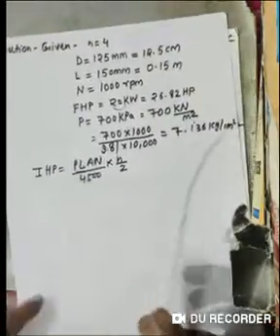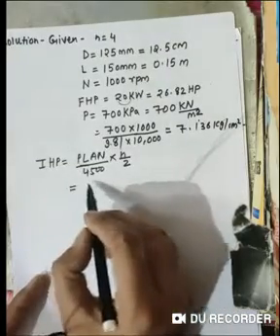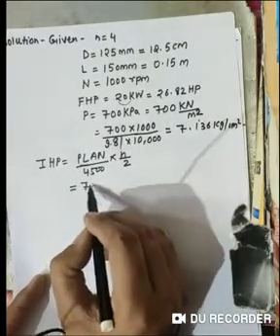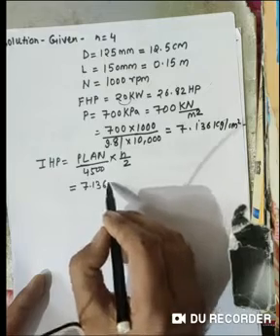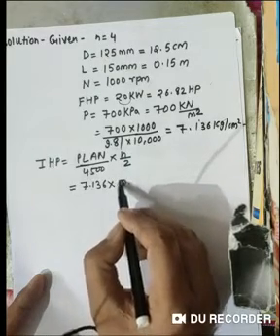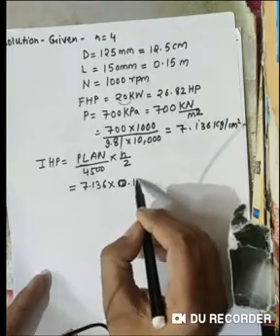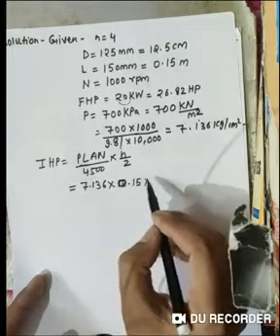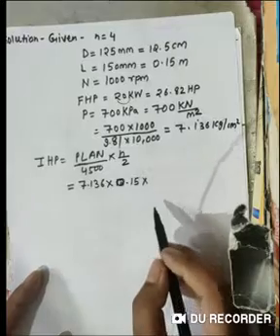The value of P is 7.136, the value of L is 0.15, area is pi by 4 D square.